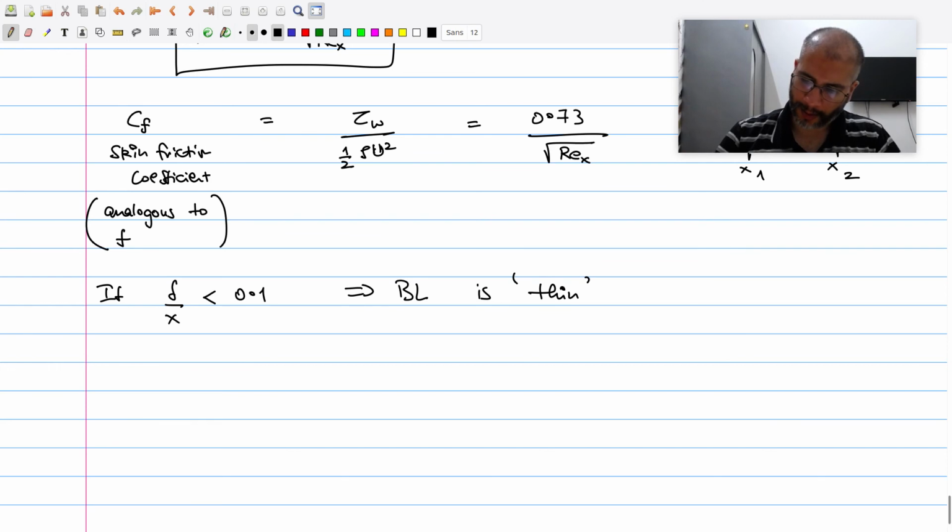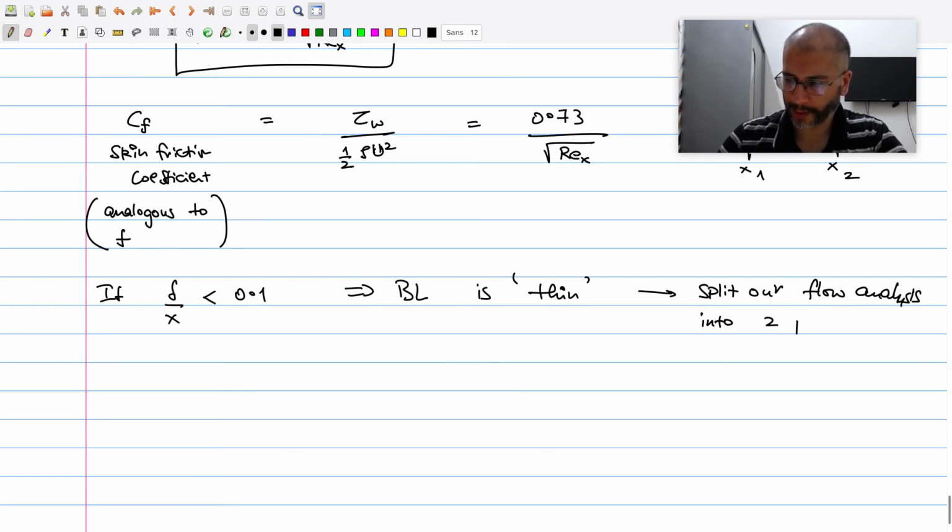Only under these conditions can we consider, as I said, that the flow is split into two parts. So in this situation we can split our flow analysis into two parts. One part is the boundary layer region flow.